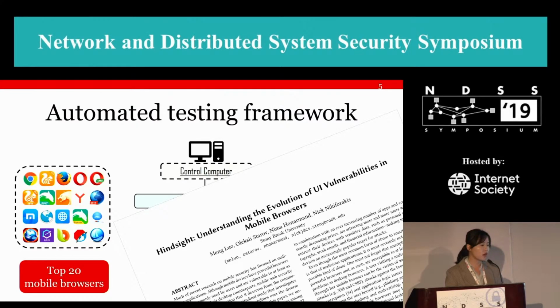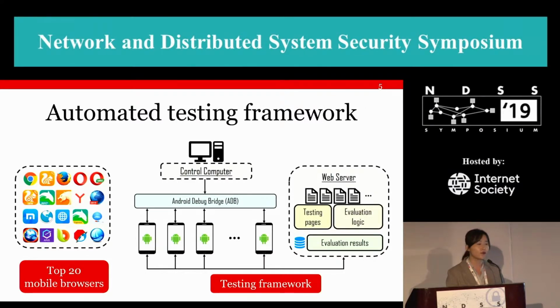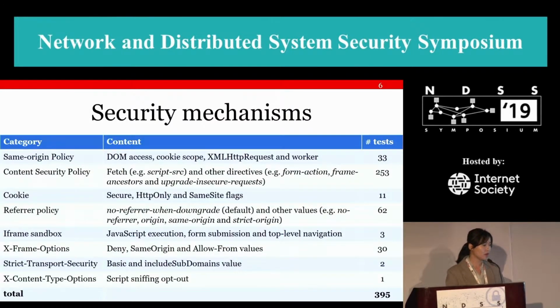For this work, we incorporate the testing pages and dedicated evaluation logics for the different security mechanisms. The evaluation logic can determine whether a browser has properly implemented a security mechanism, and then the result will be saved into our database. Here is a brief summary of our test suite.